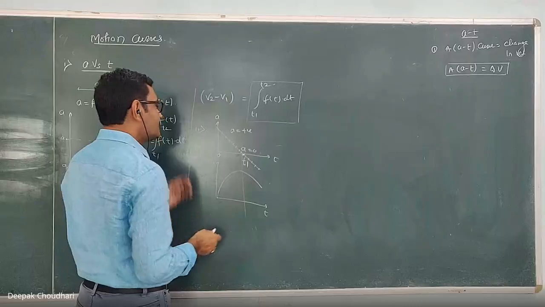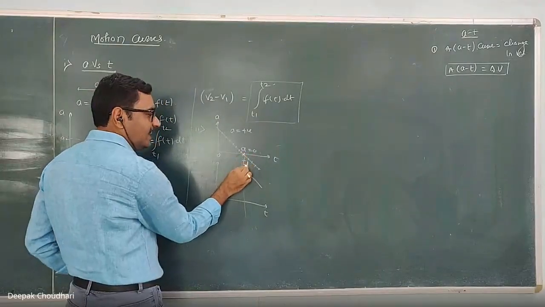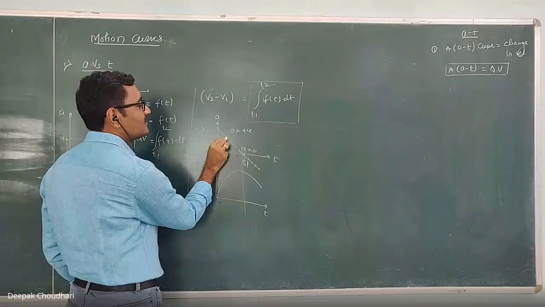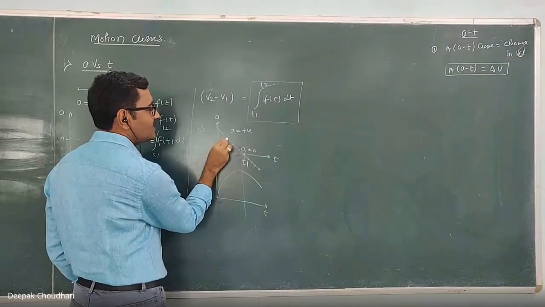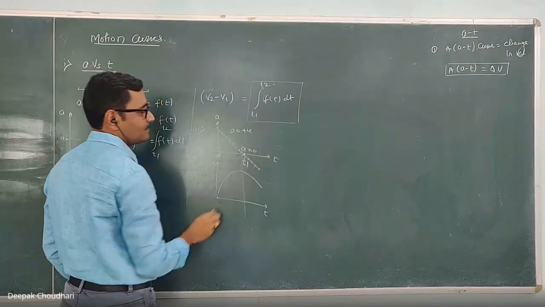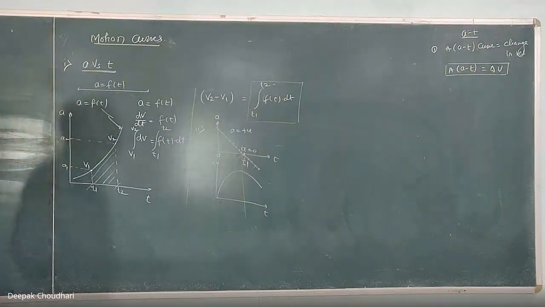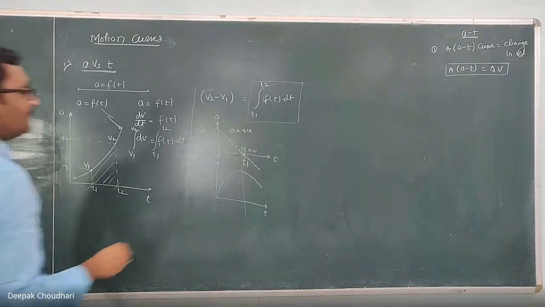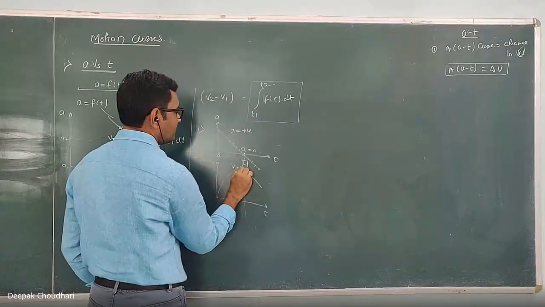Now the conclusion is that at the time at which the acceleration is 0, not only 0 but it changes its value from positive to negative, at that time the velocity is maximum.